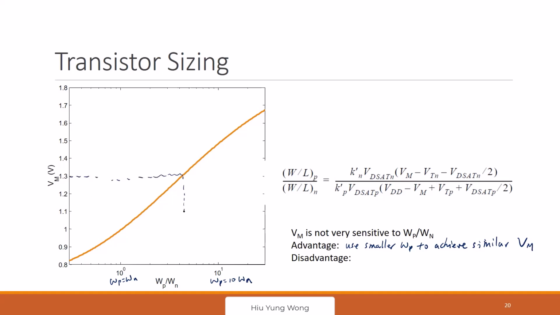Then you say, wow, I used the equation and found that WP needs to be 40 times WN. That is very wide. But then you say, hey, maybe you don't really need 1.3, is 1.2 okay? Maybe 1.2 is okay. You persuade them and relax other requirements. You do something to fit it. Then you do 1.2.